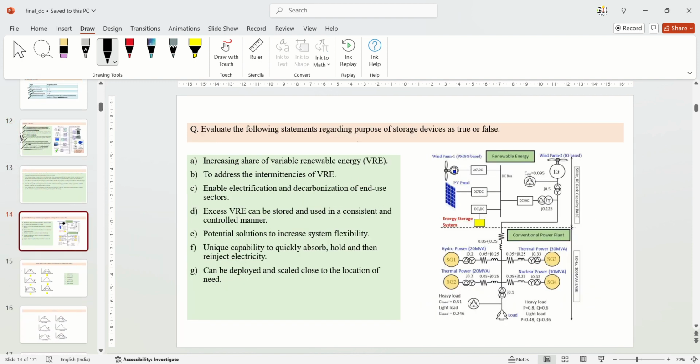Next question is related to the purpose of the storage devices. Okay, so I have put in a few statements. Six statements are there. You have to tell me which statements are correctly depicting the need of the storage devices.